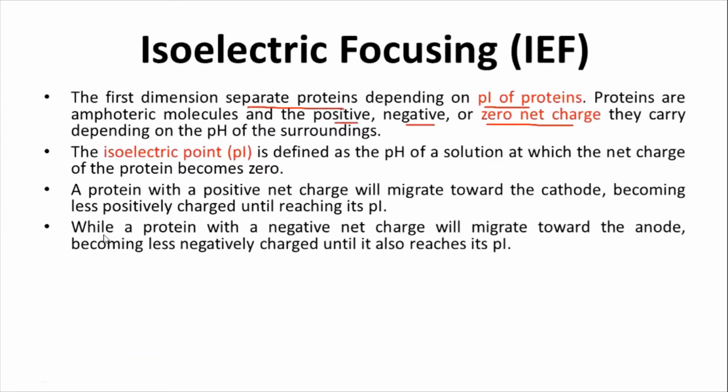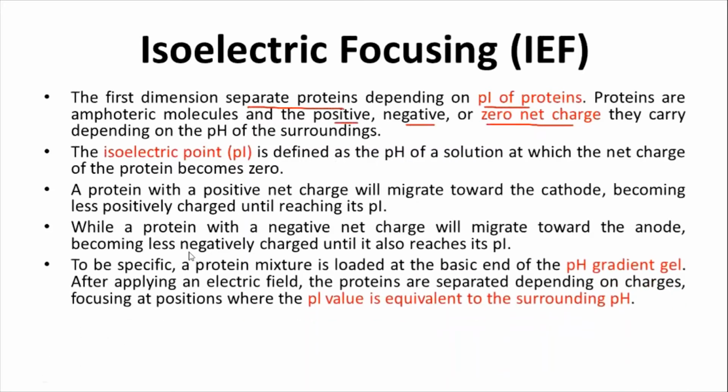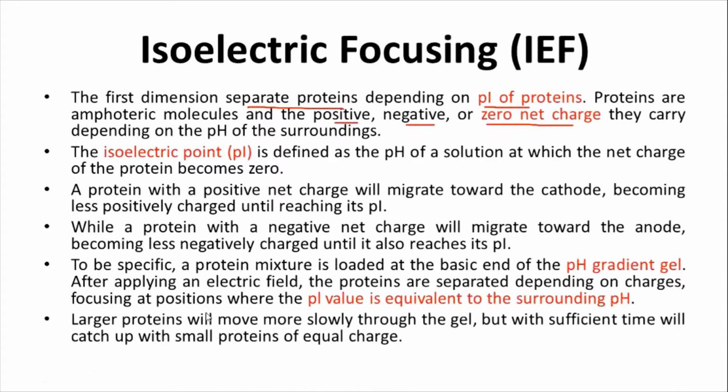You know very well this information. While a protein with a negative charge will migrate towards the anode, becoming less negatively charged until it also reaches its pI. A protein mixture is loaded at the basic end of the pH gradient gel, and after applying the electric field, the proteins separate depending upon the charges, focusing at the position where the pI value equals the surrounding pH.